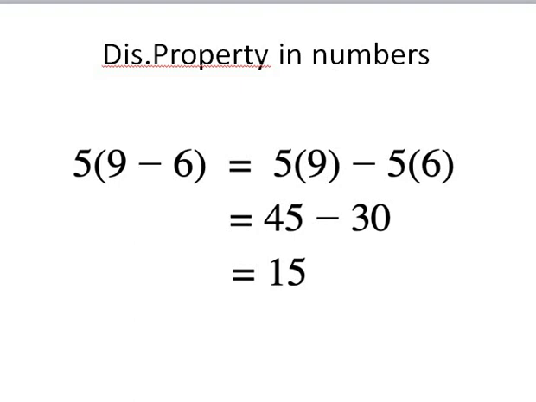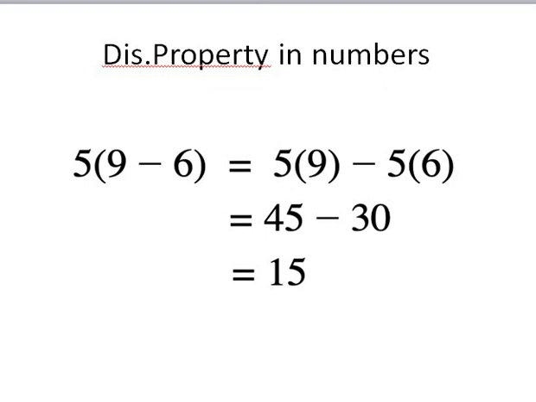One of you will subtract 6 from 9, say 9 minus 6 equals 3, then multiply 3 times 5, which is 15. Now, what if I decided to simplify this numerical expression using the distributive property? I can simplify it by multiplying 5 times 9, minus, and don't forget the minus, 5 times 6.